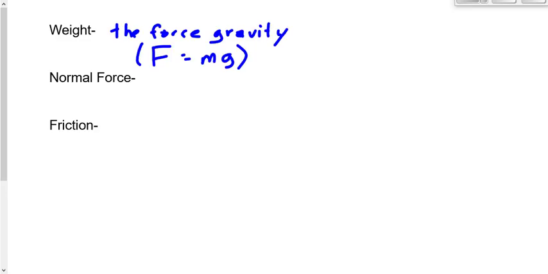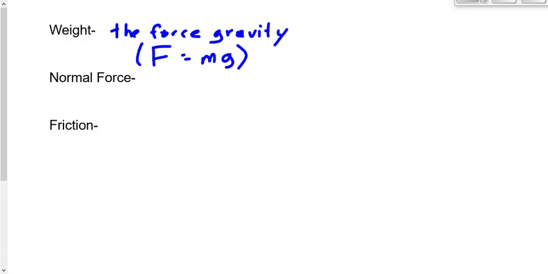Really, it's still m times a, but we're just calling a g, since when we find weight, it's always involving the 9.81 meters per second squared value. Now, strictly speaking, it should be a negative value, but when we're talking about weight, we usually call it positive, right? Nobody says, when somebody asks how much you weigh, oh, I weigh negative 150. You weigh 150, right? Even though technically that force of gravity is downwards. And we just usually take the absolute value.